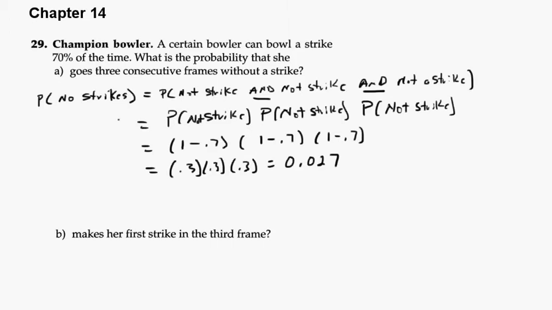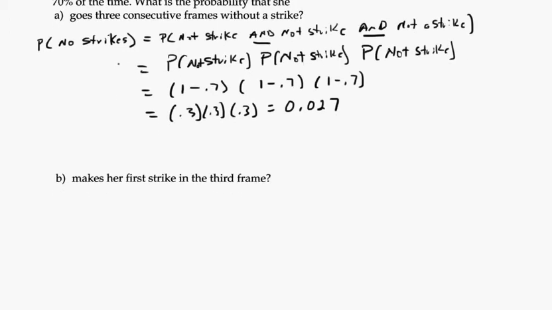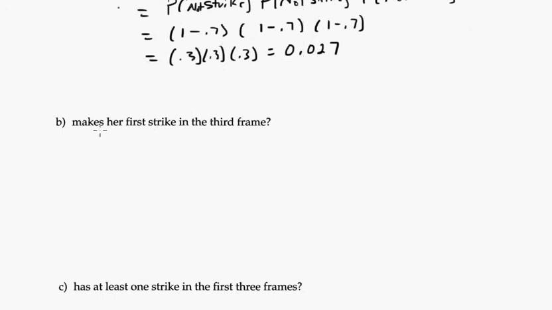Okay, so let's see if we can get into more trouble. Makes her, oh, it's a her, it's not a him, it's a her. Makes her first strike in the 3rd frame. Okay, so that would be the probability of not a strike, and not a strike, and then a strike.